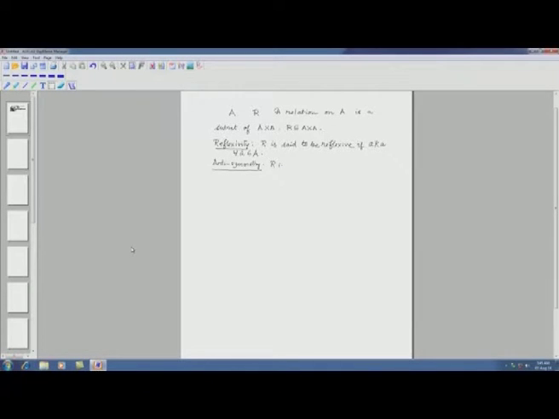A relation R on A is said to be antisymmetric if A R B, that is A related to B, and B related to A together imply A equal to B. So, R is antisymmetric if A R B and B R A implies A equal to B.